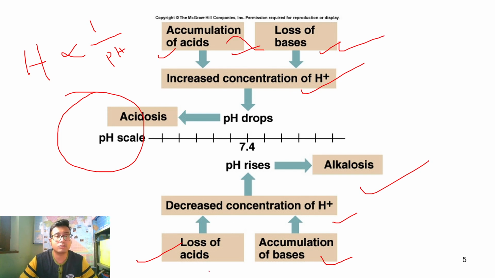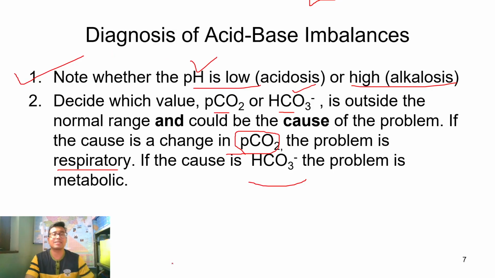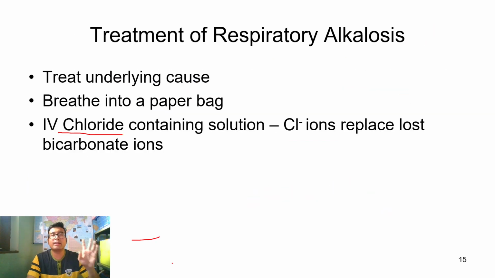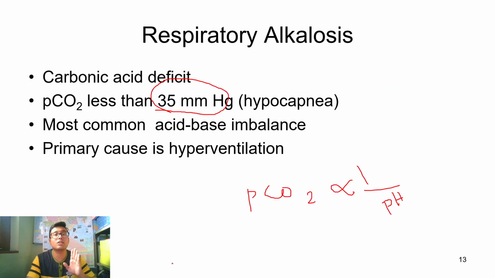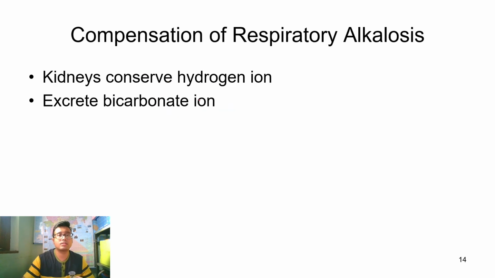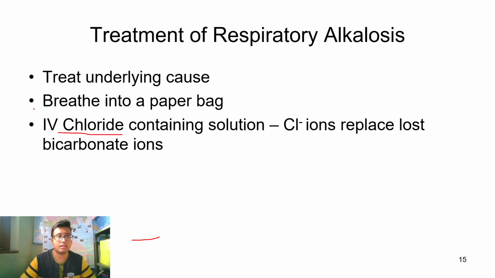The reverse can be caused by less acid and excess base. Okay, don't get confused. So how to diagnose? We went through each and every acid base disorder, but one thing to know is that acidosis is treated by lactate, and all alkaloses are treated by chloride.